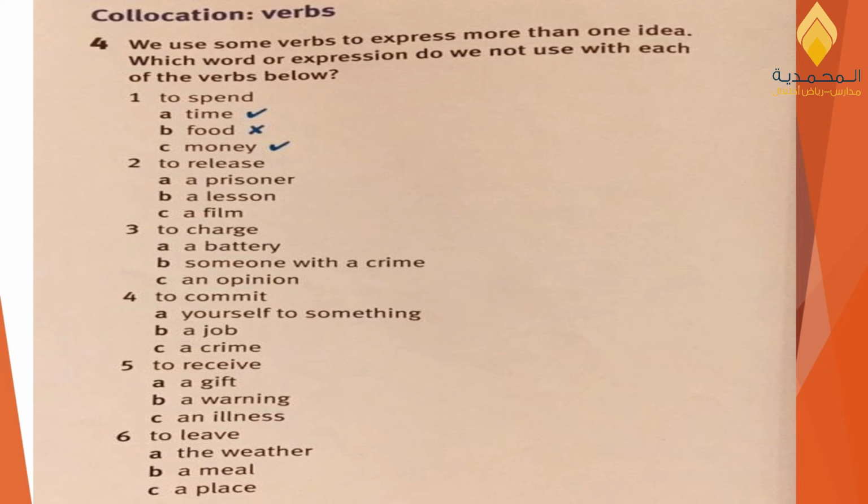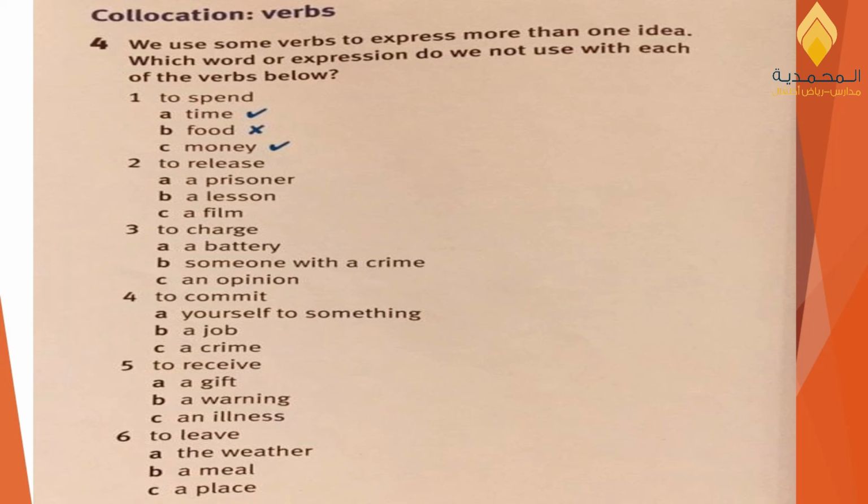Which word or expression do we not use with each of the verbs below? 1. To spend. What do we spend? A. We spend time with our family and we spend money to buy things. 2. To release.